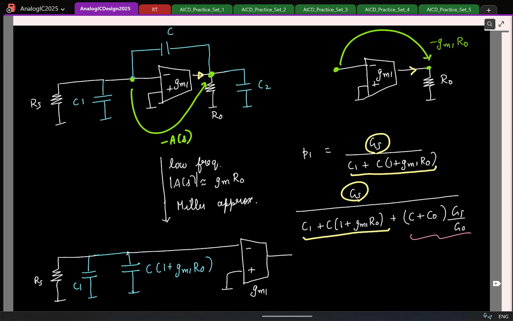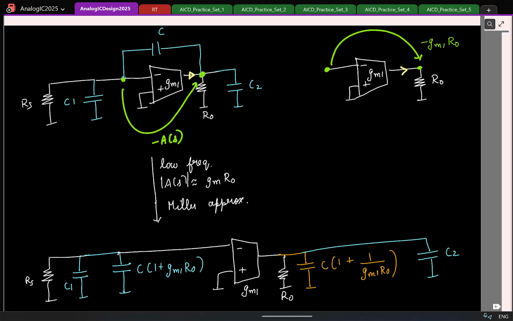We don't know the high frequency pole yet. But what I'm saying is, we already know that this is a low frequency pole. Now, I cannot say that the second pole I can compute this way, and call that a high frequency pole. Your question is, do we already know if it's a high frequency pole or not? No, we don't know.